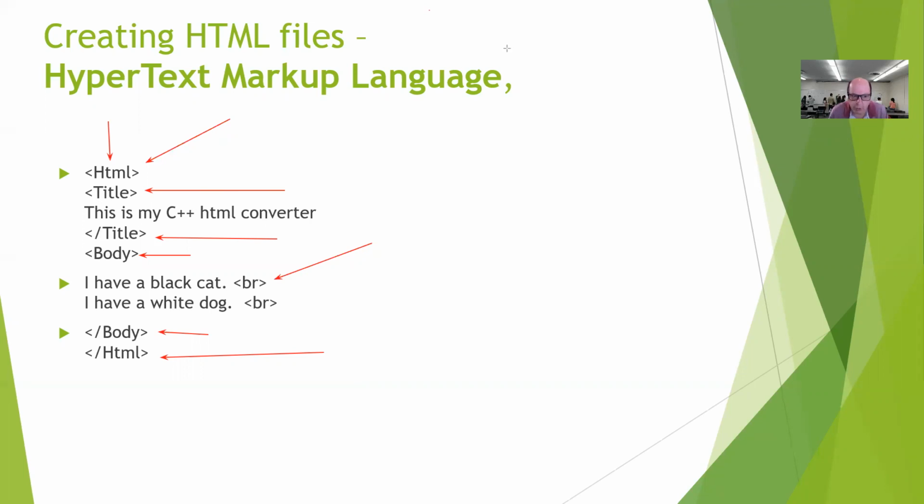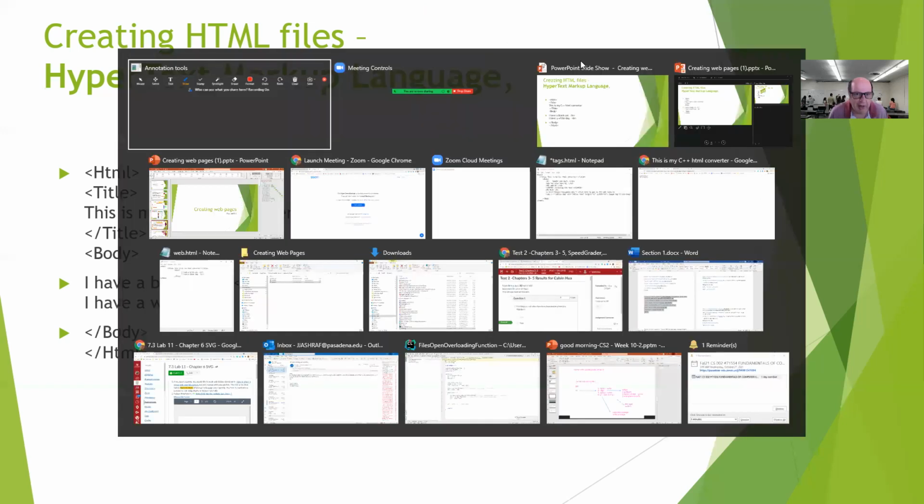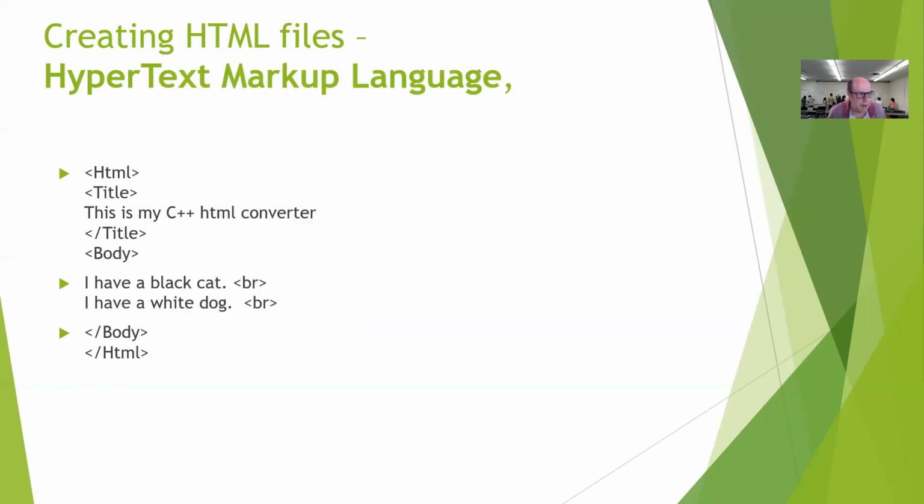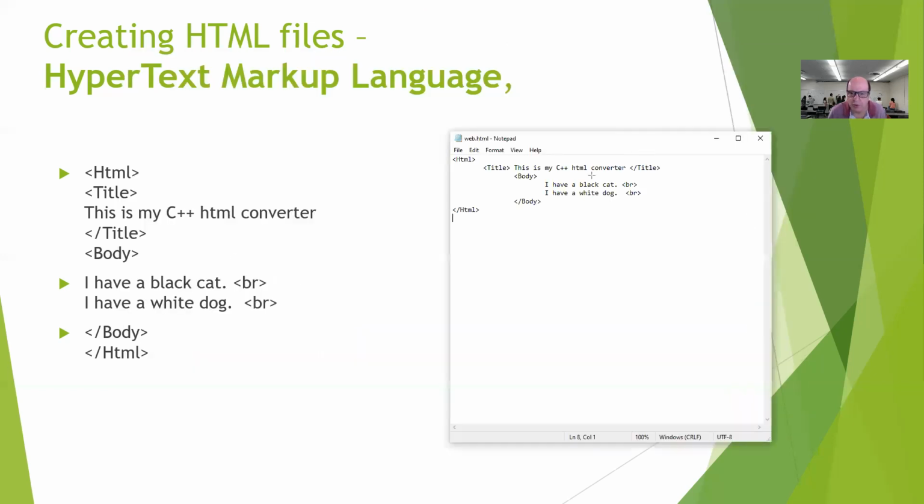And to create these files, I have used a notepad on my computer. So I am going to go to this one right here, and that's the way I type it in. And then I say file, save as, and then I put the extension HTML, and then I open it up with my web browser.